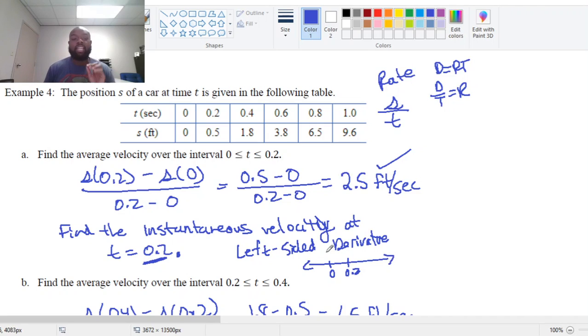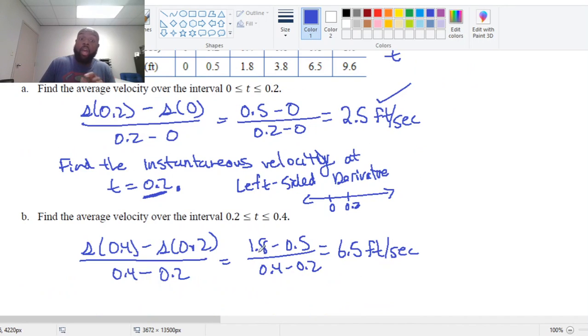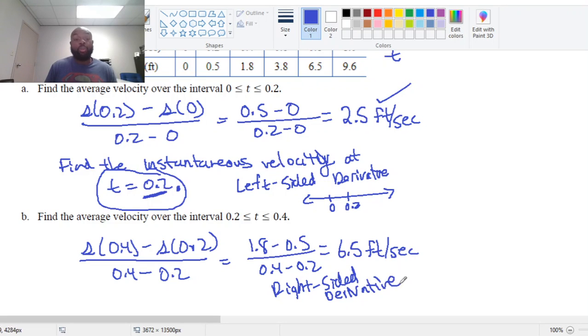And so if I use this as a proxy for my instantaneous rate of change, what I'm calculating here is a left-sided derivative. In part B, we use the values 0.2 to 0.4. And so, focusing once again on t equals 0.2, since 0.4 is to the right of 0.2, this would be considered a right-sided derivative. And so I could use this as an answer to finding the instantaneous rate of change also, but this is just using a right-sided derivative.